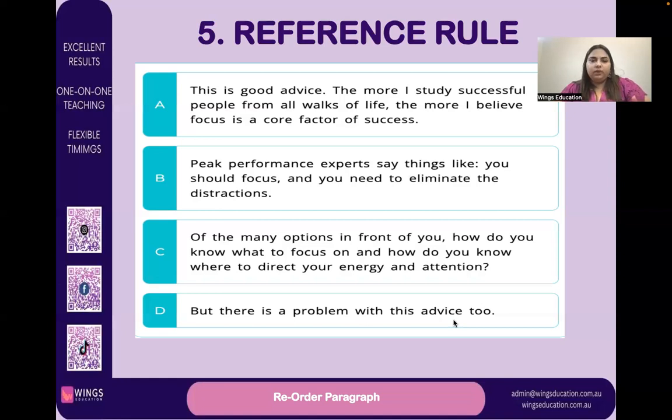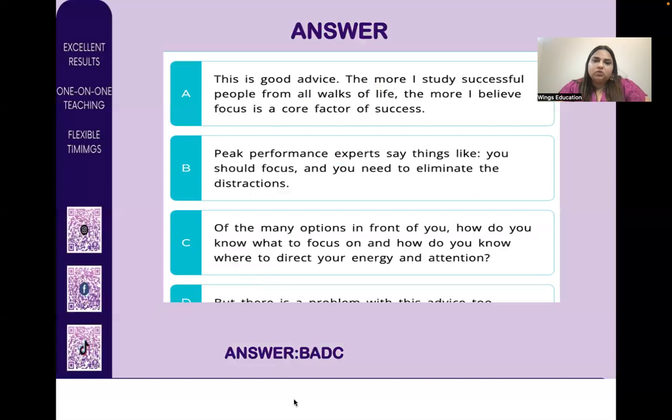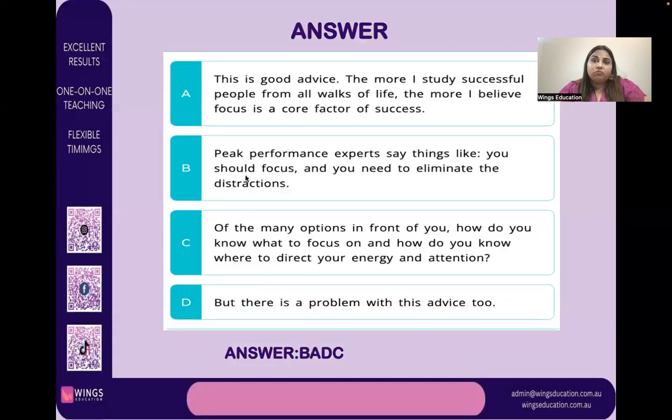Yeah, so maybe we can find this as the sequence. So you will see B because they're talking about what is the advice to avoid distractions and to focus. And then this is a good advice, A. Okay, so the main factor of success is focus.